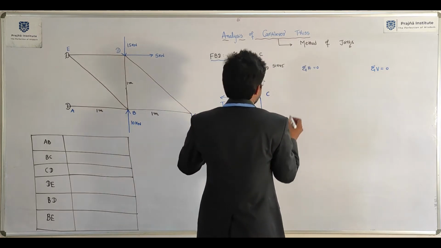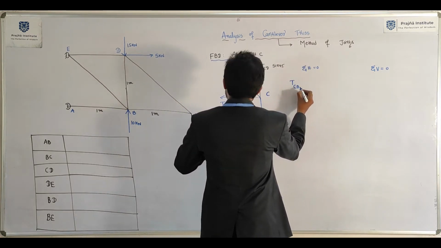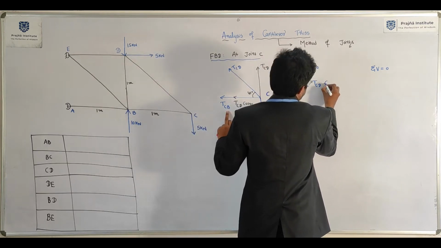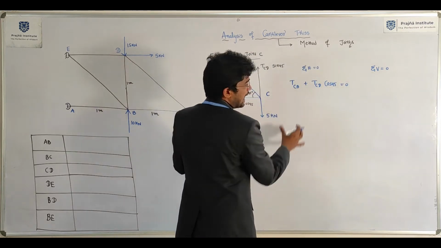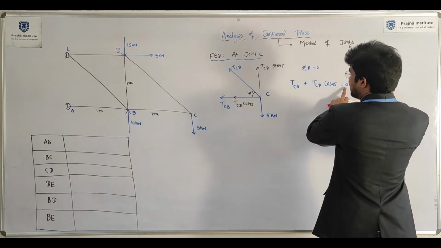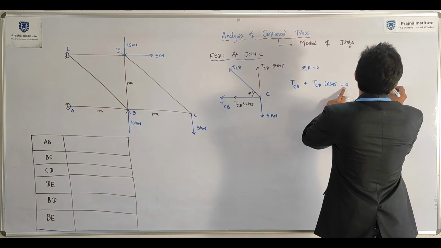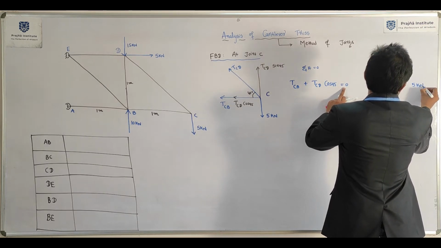Sigma H means sum of the left forces equal to sum of the right forces. TCB plus TCD cos 45 equals to 0. Two unknowns. One unknown we will get from here, that is TCD sin 45 equals to 5 kilonewton.